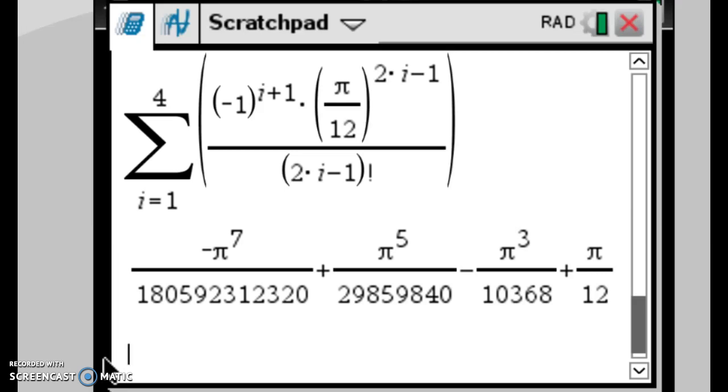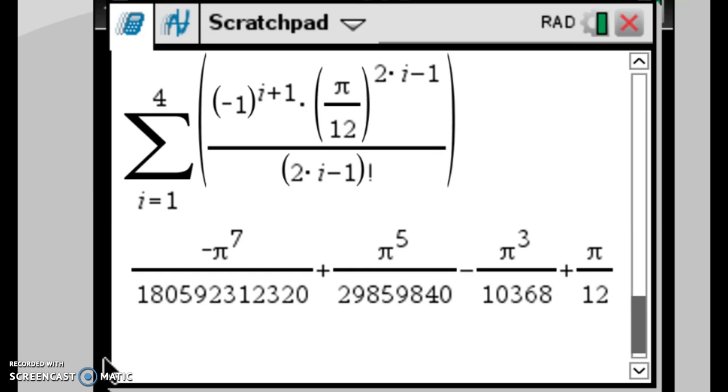The terms are going to be changing sign: positive, negative, positive, negative. So I have a factor of negative 1 to the power of i plus 1 to do that. Then we have pi over 12, and I need to get the powers 1, 3, 5, and 7 for that, so I wrote 2i minus 1. With 1 we get 1, with 2 we get 3, and so on.